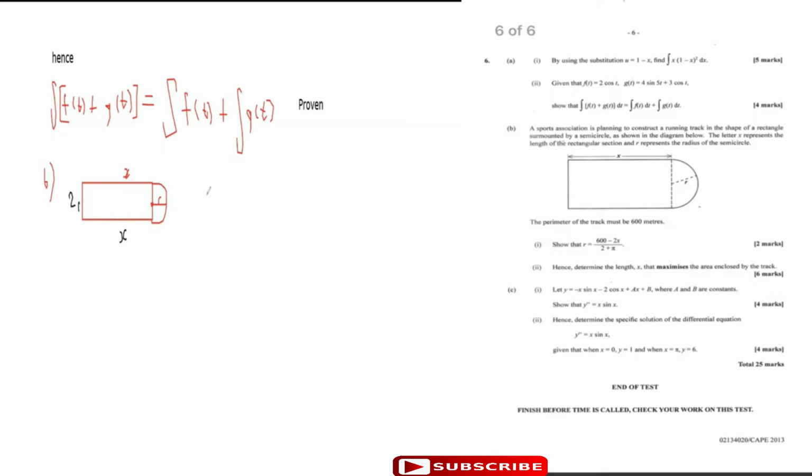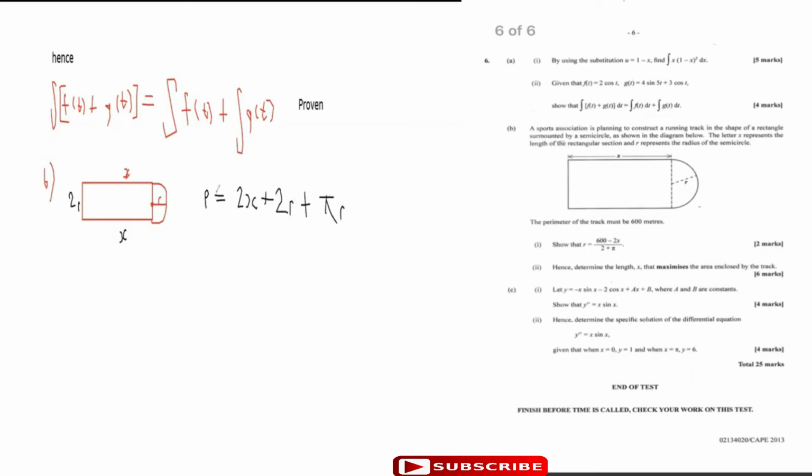So what does that tell us? The perimeter is going to be equal to x plus 2r plus x plus the perimeter around half a circle, which is pi times r. So the perimeter works out to be 2x plus 2r plus pi times r.